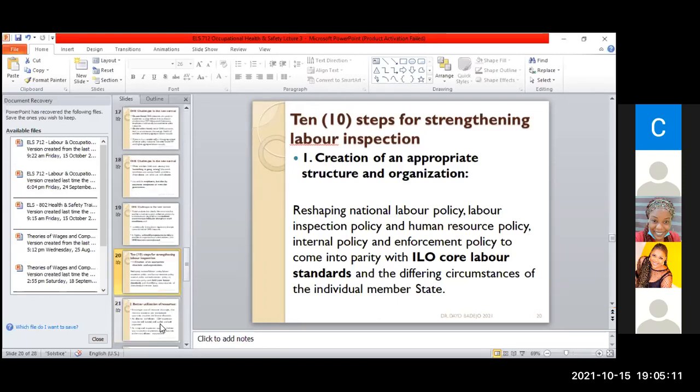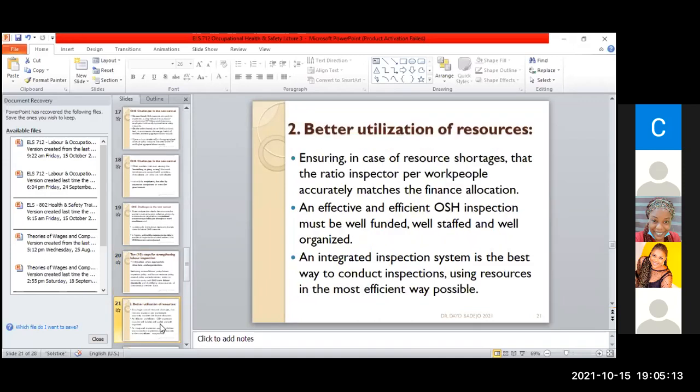Secondly, we need to look at better utilization of resources. It's sad to note, for example, if you want the ministry people to come and do their jobs, like in Nigeria, sorry to mention, they will talk about how we don't have facilities, we don't have mobility, we don't have this, we don't have that.